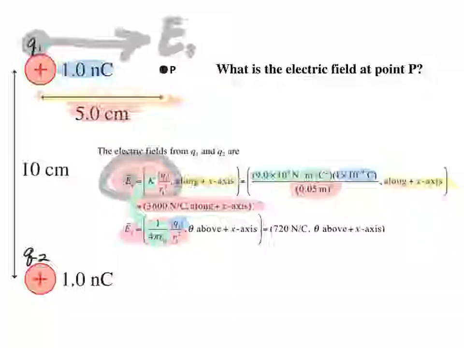If you take 0.1 and square it, and then divide that into the same thing as before, you get this new value of 720. Now, there's a second part to this solution.